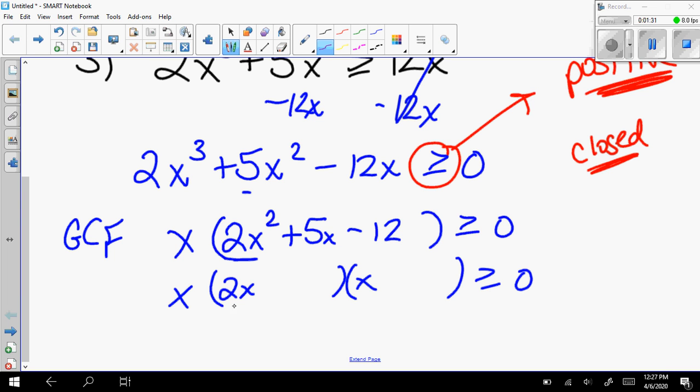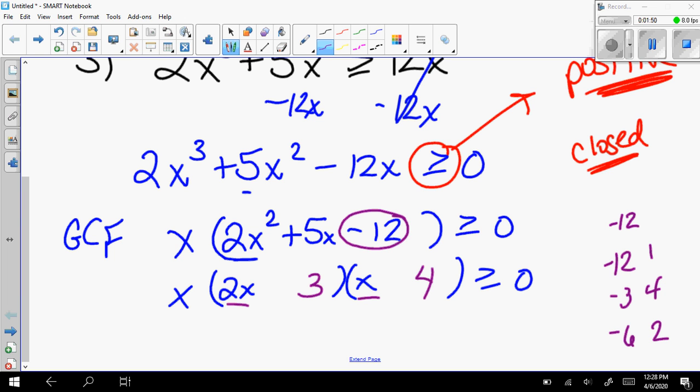So I'm splitting it into 2x times x. Now what multiplies to negative 12? You could be thinking of negative 12 and 1, negative 3 and 4, negative 6 and 2, and then obviously the reverse of those. But let's see if any of these will work. So if I put a 3 here and a 4 here, on the outside, I would get 8.